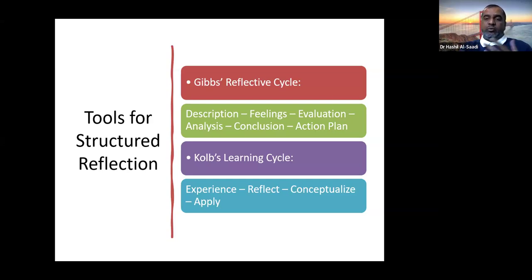They write about the strengths and weaknesses, then do some kind of analysis, how they can improve in the future, and then conclusion, what they have learned from that experience and what they can do in the future. So there are 6 stages that comprise Gibbs' reflective cycle. There's also Kolb's learning cycle, and it has 4 stages: experience, reflect, conceptualize, and then finally apply.